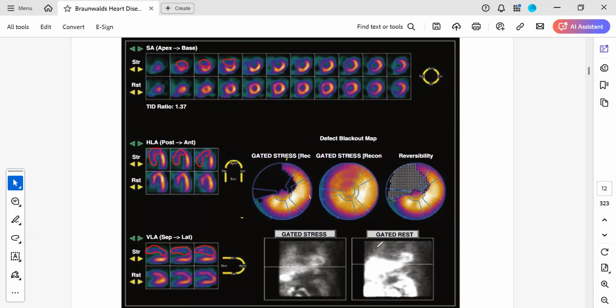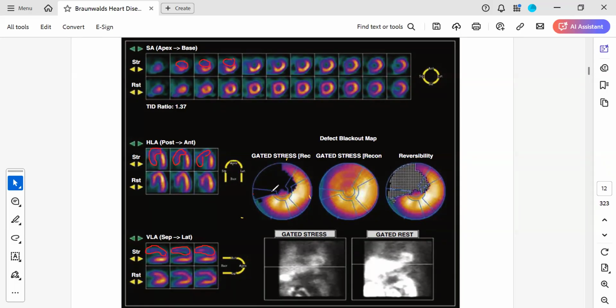Now, if you look at the resting myocardial perfusion image, there's no perfusion defect.